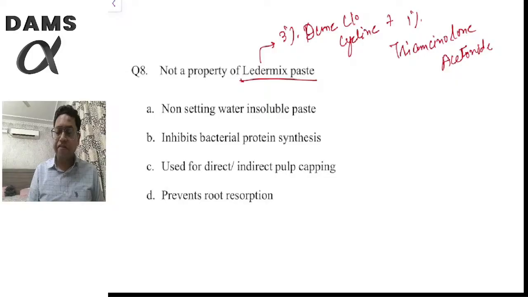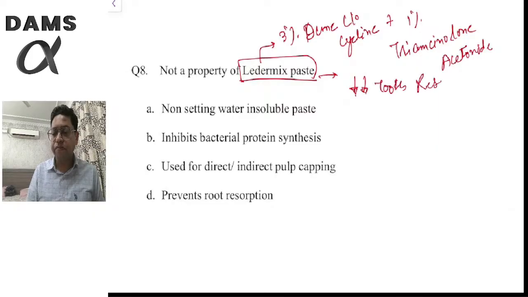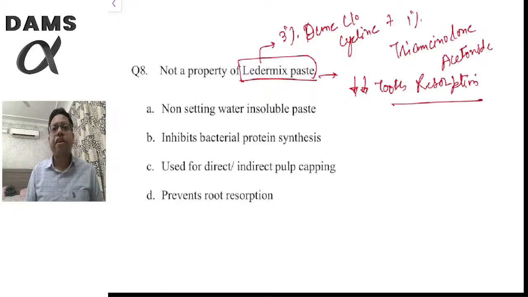So this Ledermix paste is basically used in conditions of inhibiting tooth resorption. This is the principal effect of Ledermix paste. So whenever we encounter a clinical situation where root resorption or tooth resorption is likely, what would be the intracanal medicament of choice?